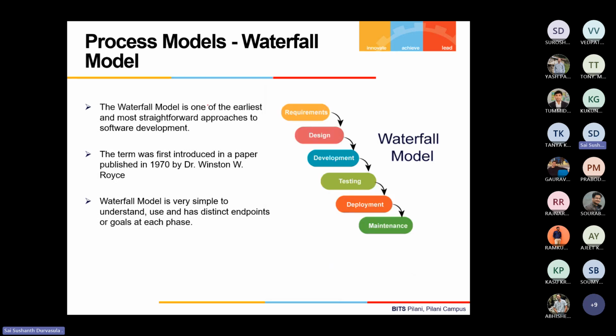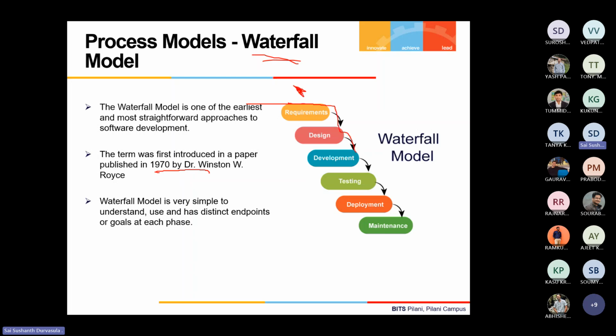The first model, one of the earliest and most straightforward for SDLC, was proposed by Dr. Winston in around the 1970s. It is called the waterfall model. Imagine each of these SDLC phases, the six that we discussed earlier, arranged on a staircase, and each is like a step.